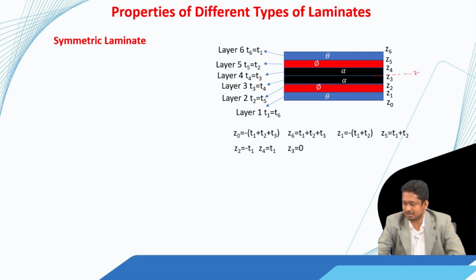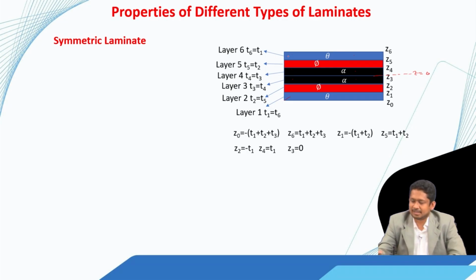So, here we have Z equal to 0. This is layer 1, as we know the layer number goes from bottom to top: 1, 2, 3, 4, 5, 6, and at these junctions we have defined Z's. Z0 is Z at the bottom, and at the junction between the first and second layer we have Z1, Z2, and Z3 lies at the Z equal to 0 line.